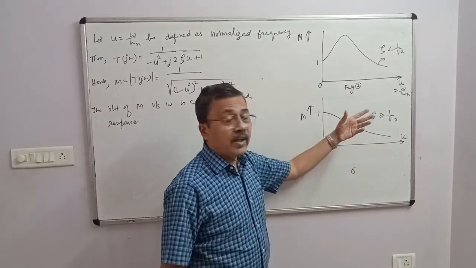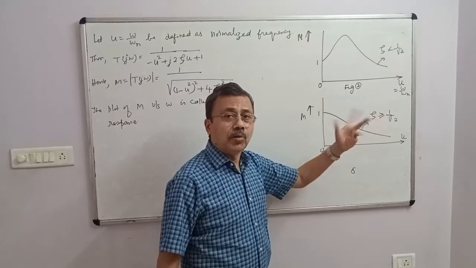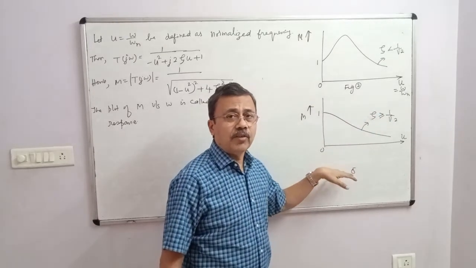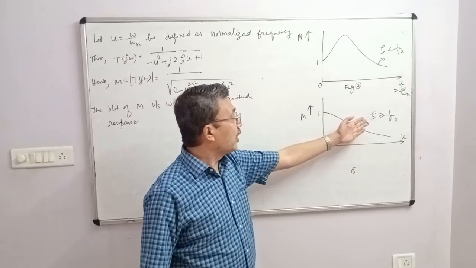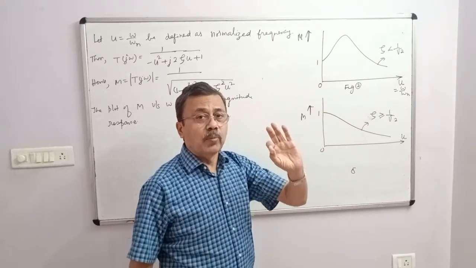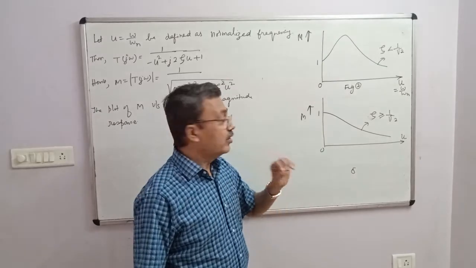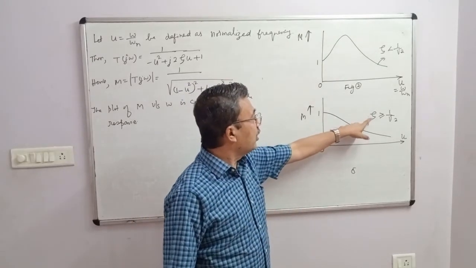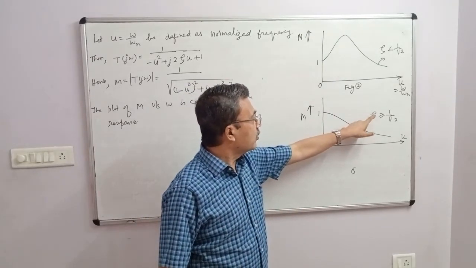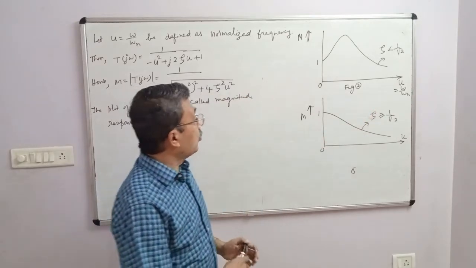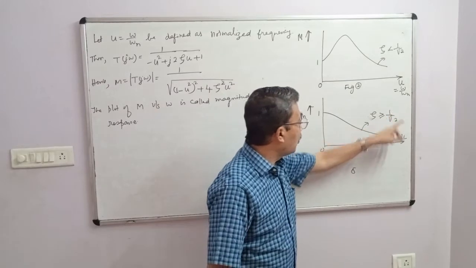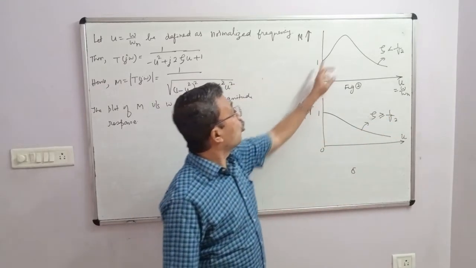Delta and zeta are used interchangeably in the examination also. Some people give delta, some people give zeta, but to be more precise, in today's convention zeta is the right symbol for damping ratio. So when zeta is greater or equal to 1 by root 2, there is no overshoot.